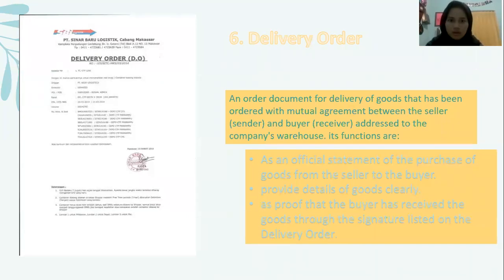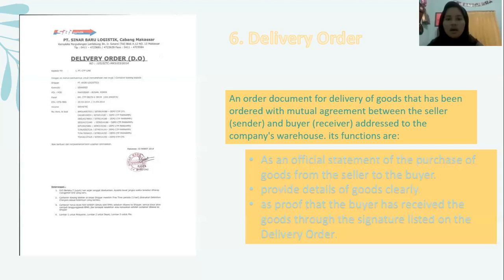Next, delivery order. An order document for delivery of goods that has been ordered with mutual agreement between the seller and buyer, addressed to the company warehouse. Its functions are: number one, as an official statement of the purchase of goods from the seller to the buyer.